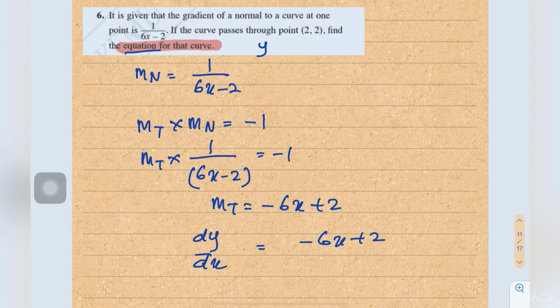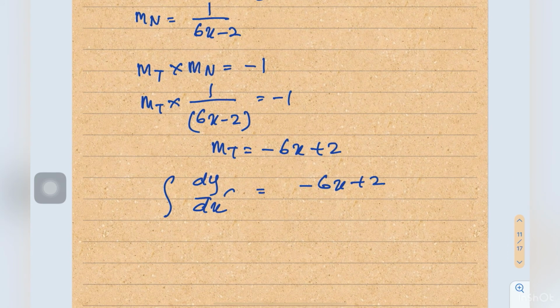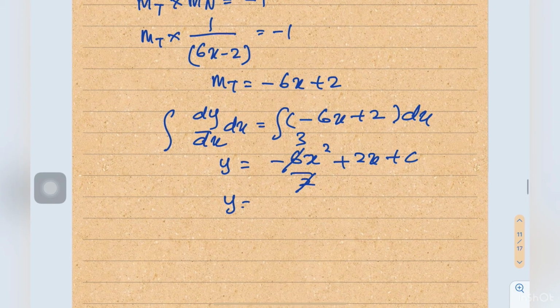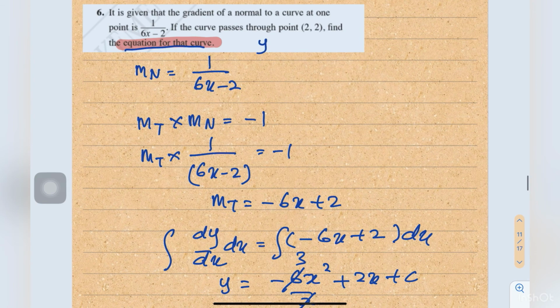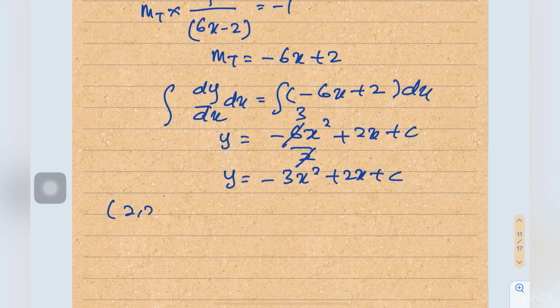To find the equation of the curve, you need to integrate both sides. So y equals -6x squared over 2 plus 2x plus c, so y equals -3x squared plus 2x plus c. Given from the question, the curve passes through the point (2, 2).